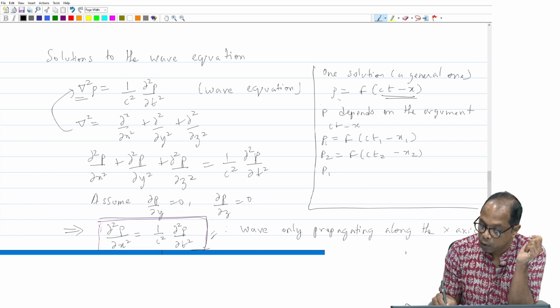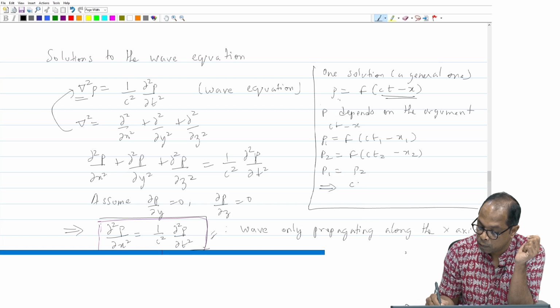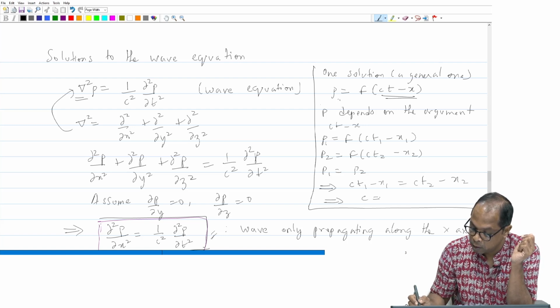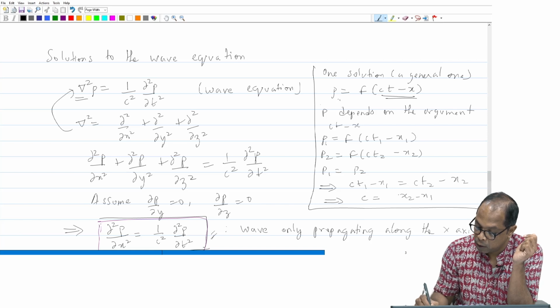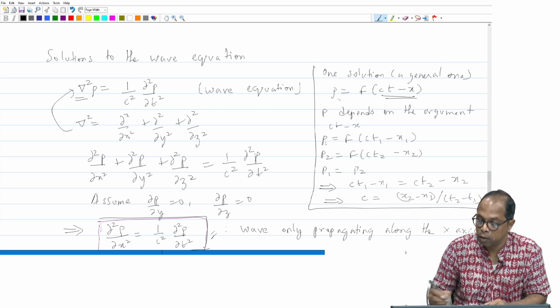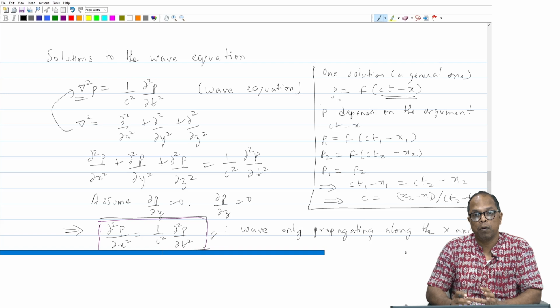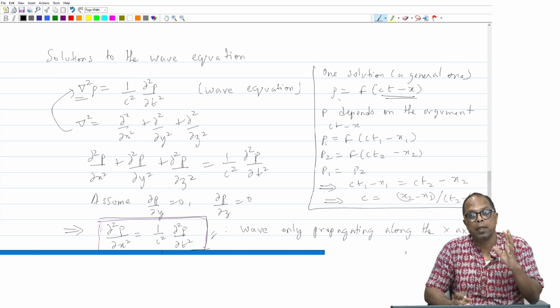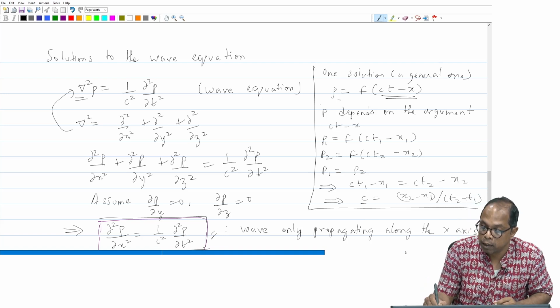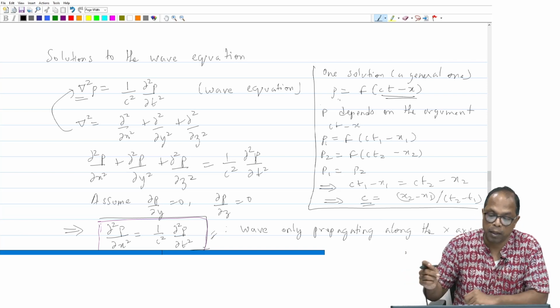I could have p1 equals p2, which would imply that c equals x2 minus x1 divided by t2 minus t1. All right, there you go. So, your waveform f travels at a velocity c.